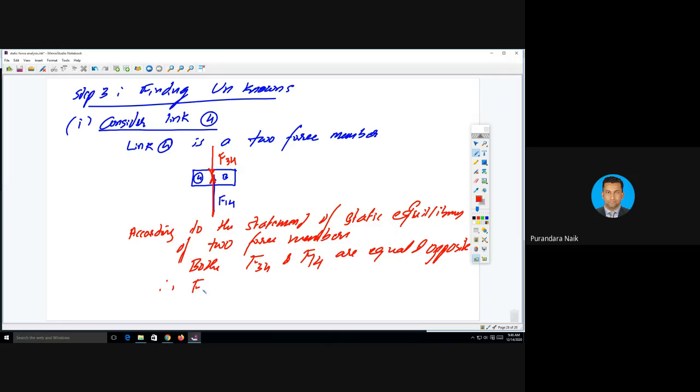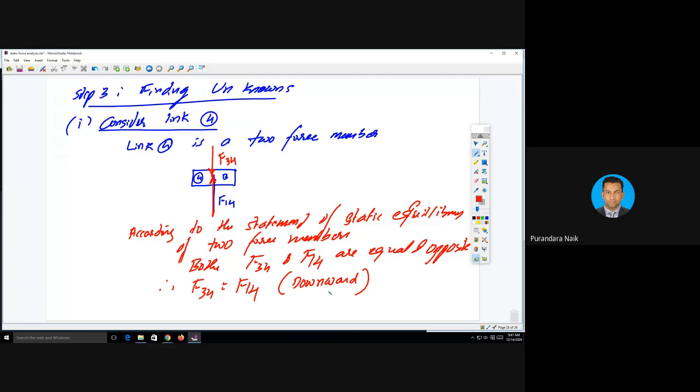Therefore, F34 is equal to F14, right? F34 is downward. I don't know the magnitude, but I know the direction. F34 is downward. Correct? One direction I know, the direction of F34.